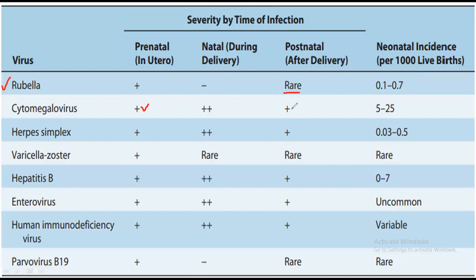This cytomegalovirus is also present in the mother's milk. So when the mother is infected, she can easily pass the virus through the milk to her baby. Keep this in mind. And 5 to 25% of babies in 1,000 can be infected.